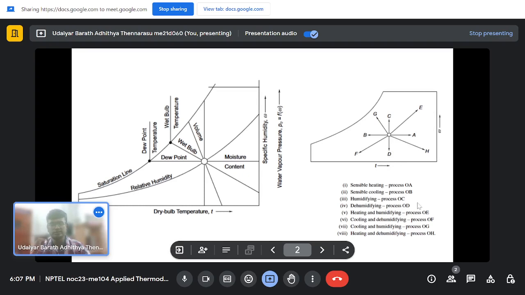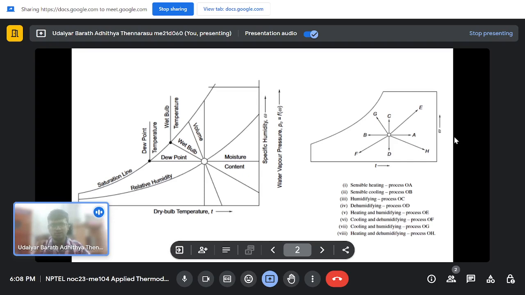Then the other process, OG, is humidification with cooling. You cool the air and you humidify it. And OF is cooling with dehumidification, so in that case you remove moisture and cool.